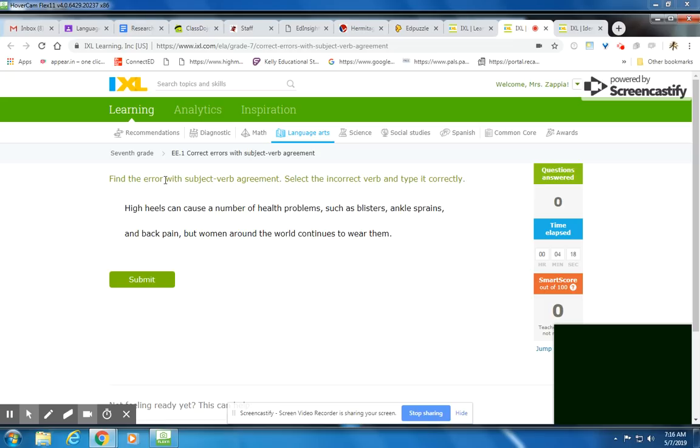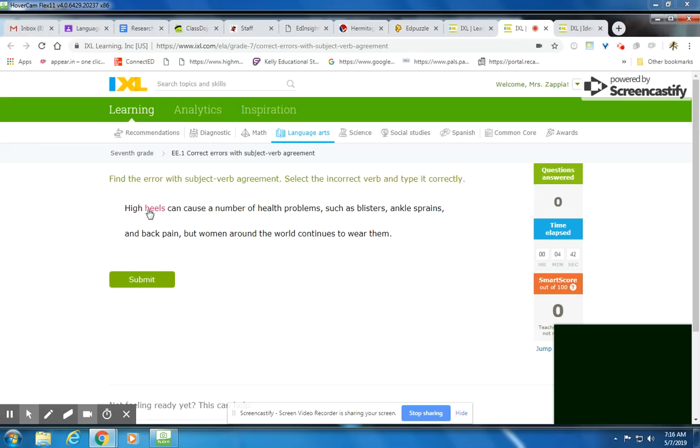This practice says to find an error with subject-verb agreement and select the verb and type it correctly. High heels can cause a number of health problems, such as blisters, ankle sprains, and back pain, but women around the world continues to wear them. Now in this, we have a compound sentence, which means we have two subjects and verbs.